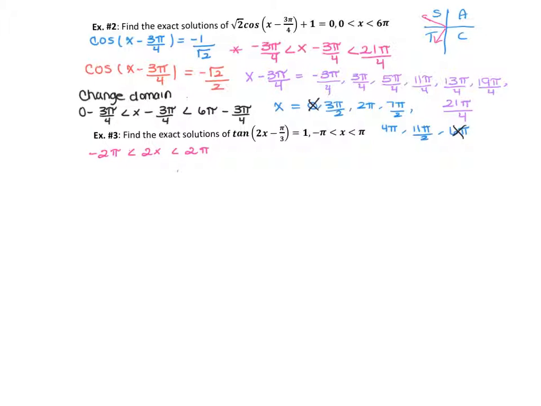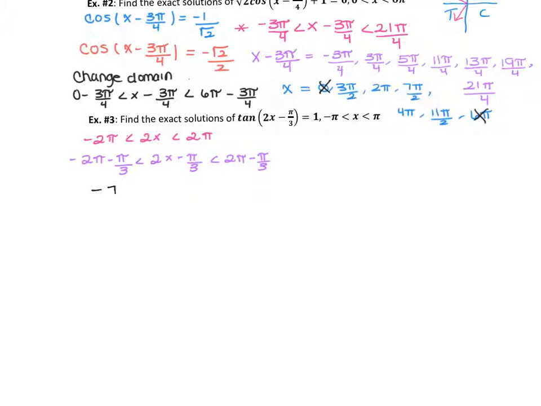And the next thing that you want to do is apply that minus pi over 3 to your domain. Then you want to simplify and look for possible values within that interval.